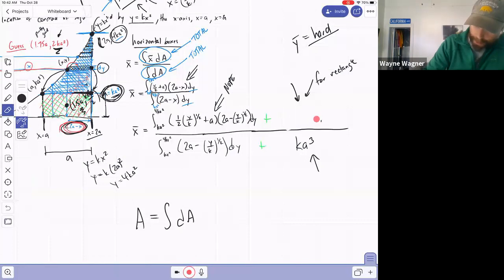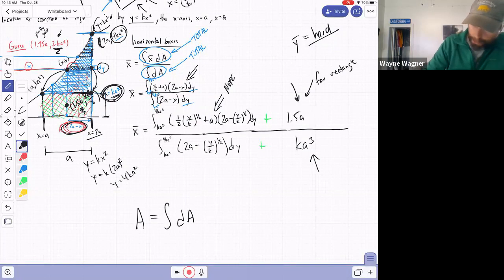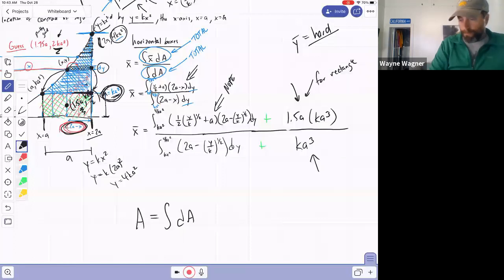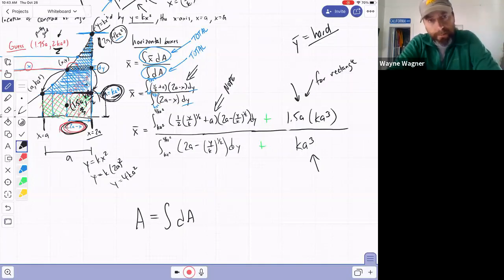As I said, when you have a defined shape, it's a lot easier. 1.5a, and I'll multiply that times the total area, which is going to be ka cubed. And that's all you have to do. This is a perfect lead in to the easier shapes, which we'll do next class, but that's how you do that one.